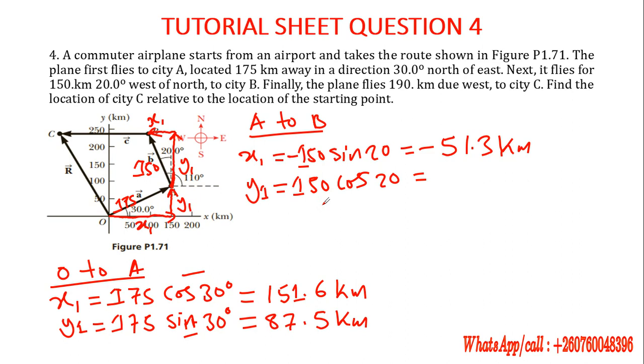We have 150 multiplied by cos 20, which is giving 140.9. That 9, you can round it off to give you 141.0 kilometers. Are we done? No. We have just resolved for A to B, but we need the last one now, B to C. So now let's resolve for B to C. Let's start with our x.